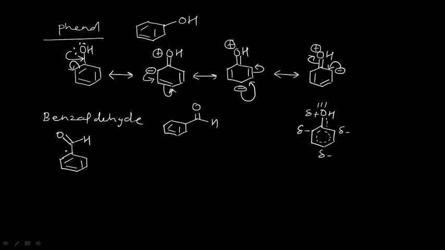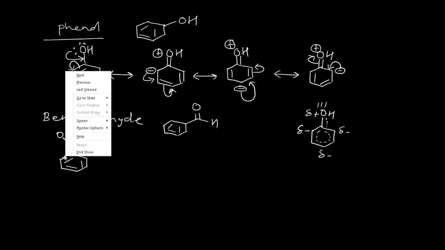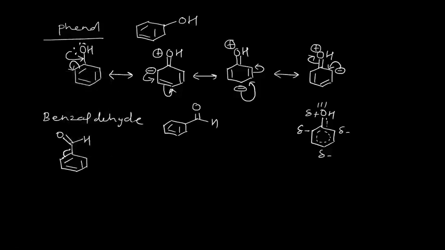In this case, we have the C double bond O attached to the carbon-carbon double bonds. Therefore, we have shifting of electrons in this fashion, and you get a structure like this. We get this carbon-carbon double bond formation here, and a carbon-oxygen single bond with a negative charge, and this carbon now becomes positively charged. The rest of the double bonds remain as such.